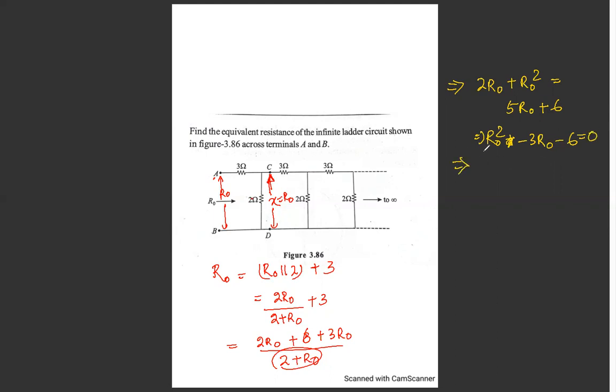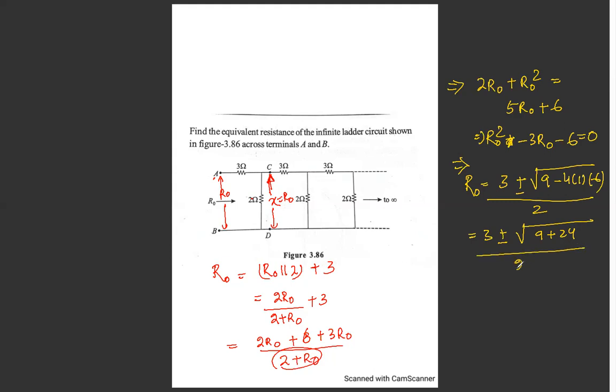So here we are going to solve it. If we solve it, the value of R naught is going to be minus b plus minus square root of b square minus 4ac, divided by 2, where b is minus 3, b square is 9 and c is minus 6. So here we are going to get 3 plus minus square root of 9 plus 24, divided by 2.